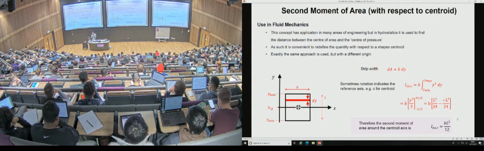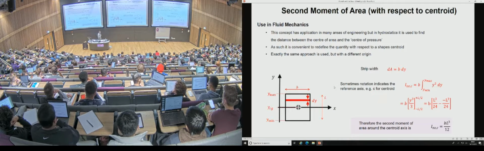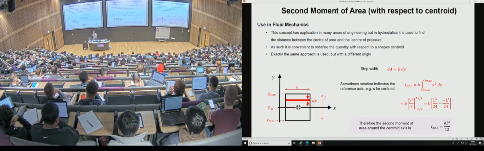You might remember that the second moment of area around the x-axis, when calculated from the bottom of the shape, was equal to BL cubed divided by 3. If you compute the same quantity from its centroid, it's BL cubed divided by 12. It has less inertia because the distance to the size of the shape is smaller.